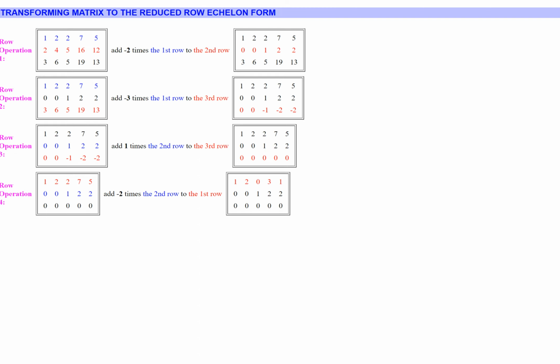And I'll hit submit. It shows me the row operations it used, but what I think is important is the very last matrix at the bottom here. So your reduced row echelon matrix is this one.